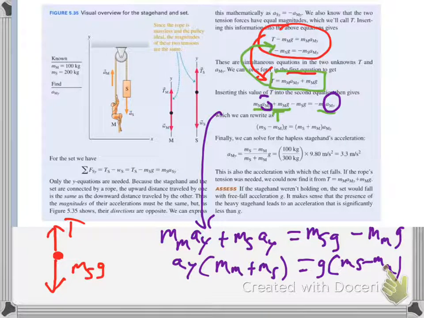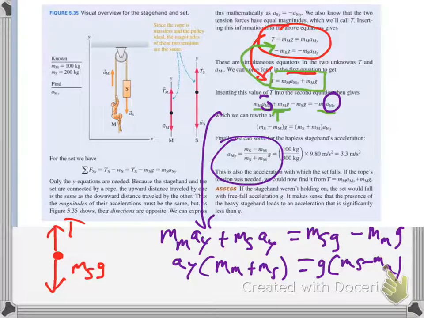Okay, now you'll see this expression very, very commonly. If we solve for acceleration, we will get this. The way I had mine written, g is still in the numerator, but we'll see it is essentially the difference in the masses over the sum of the masses times g.